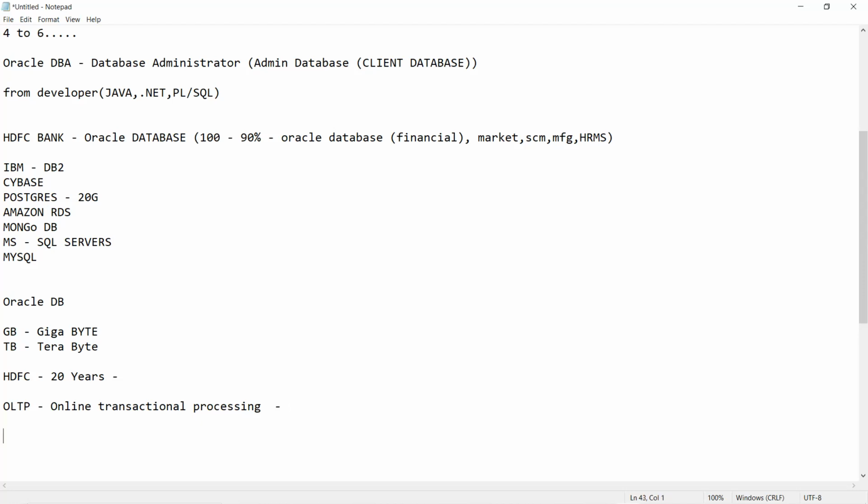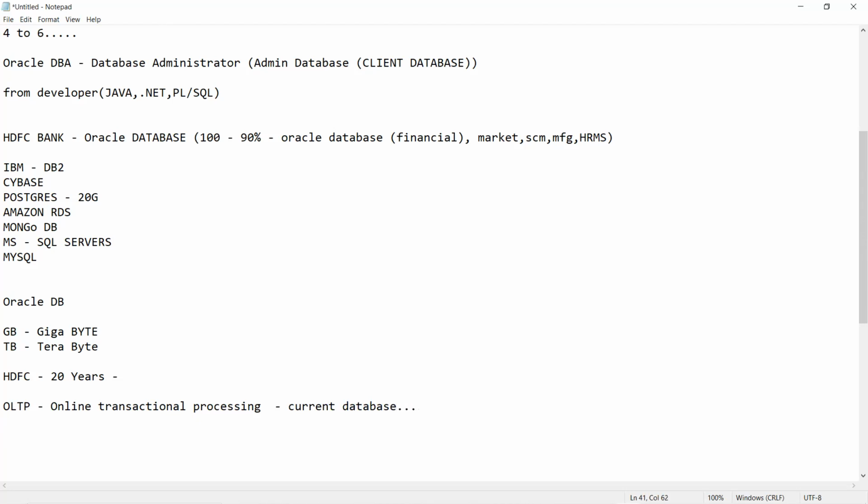Because it is online transactional processing, the current data is available online in your database.